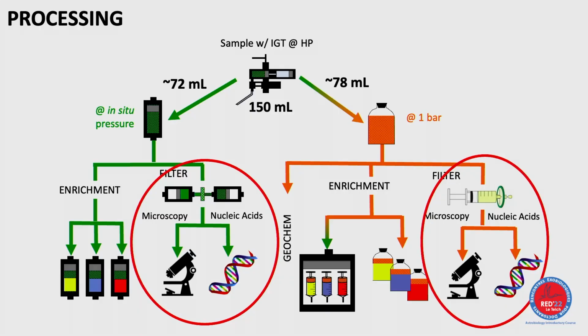The second step was to process the samples to know more about the diversity. To do that, we filter the samples to study the DNA, all the genomics. We perform some filtration under high pressure conditions and after decompression. As I showed earlier, when you decompress fast, you have an explosion of cells.